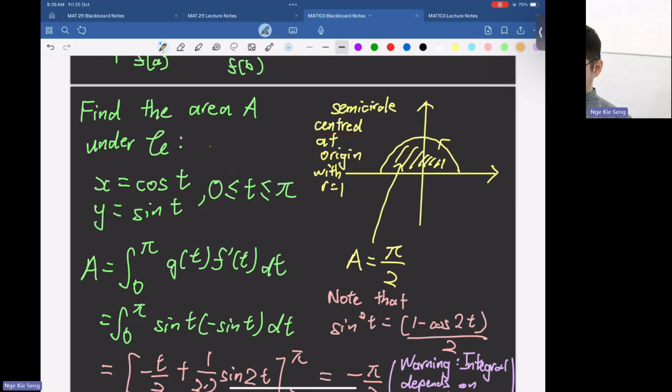Let's try. 3 pi to 4 pi. Like this? Where's 3 pi? Let's count again. So 0, pi, 2 pi, 3 pi, 4 pi.